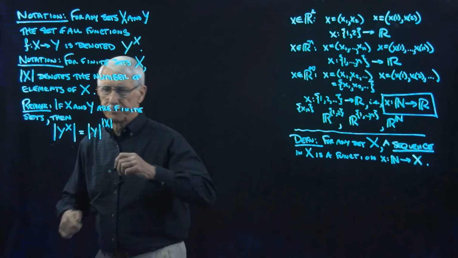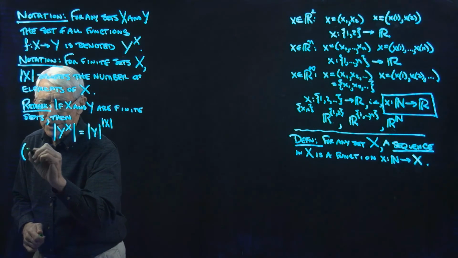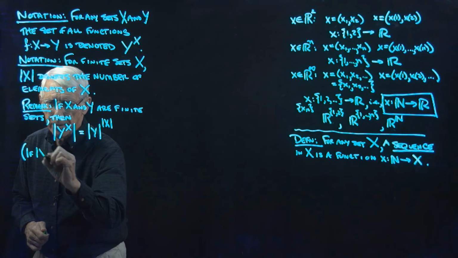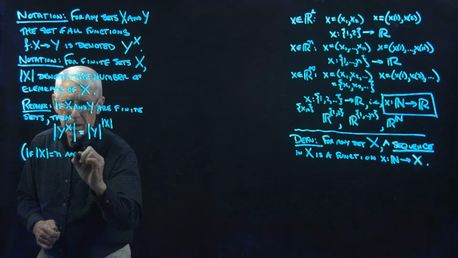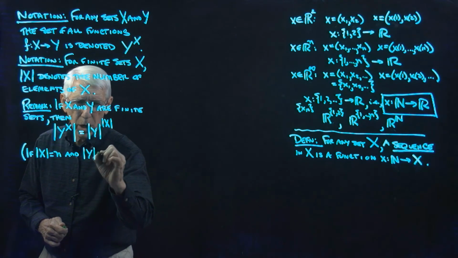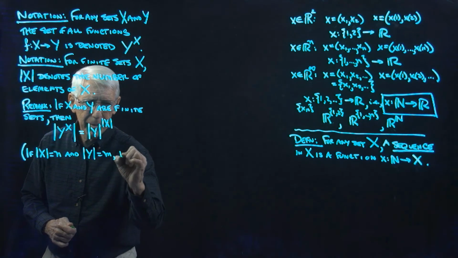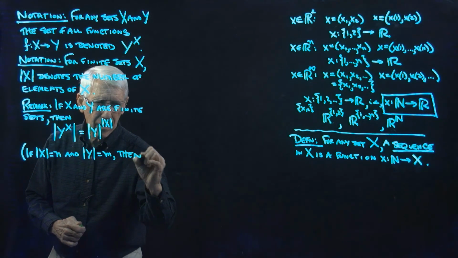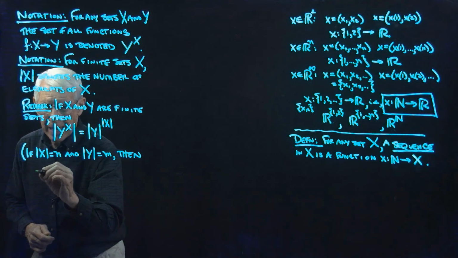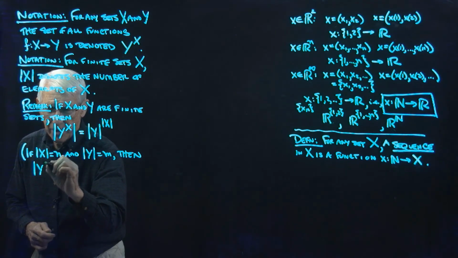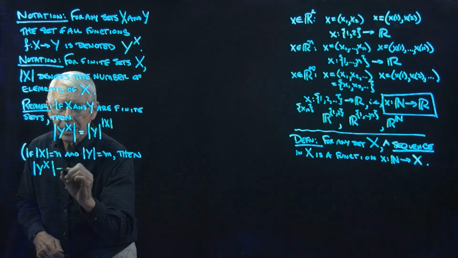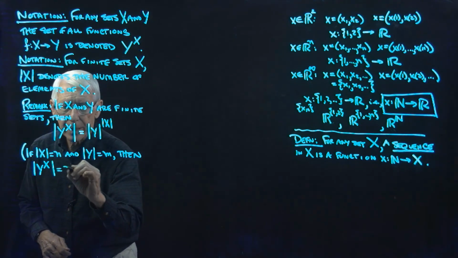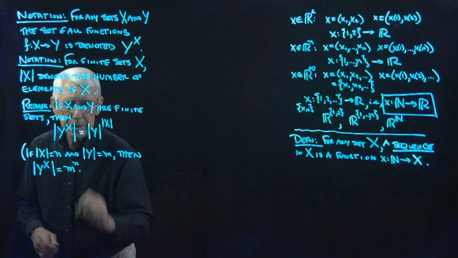So let's say, let's even put in parentheses, if the number of things in X is n, and the number of things in Y is m, then what this says is that the number of functions that go from X to Y is m to the n power.